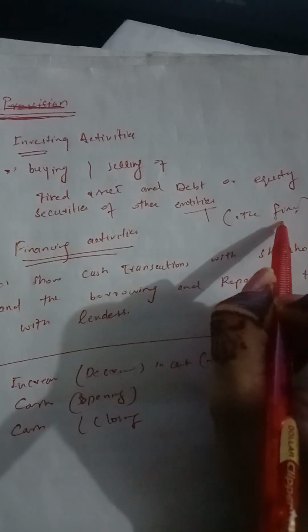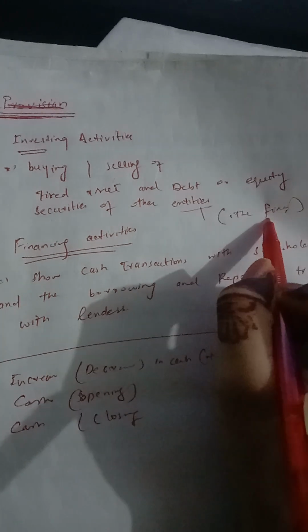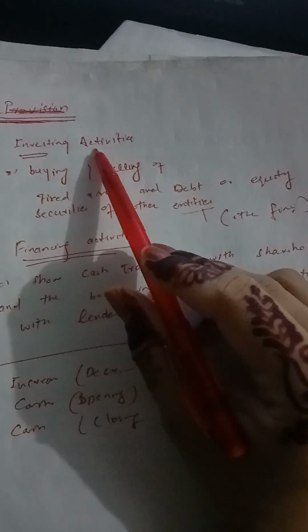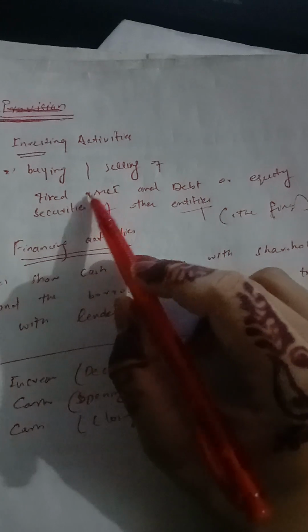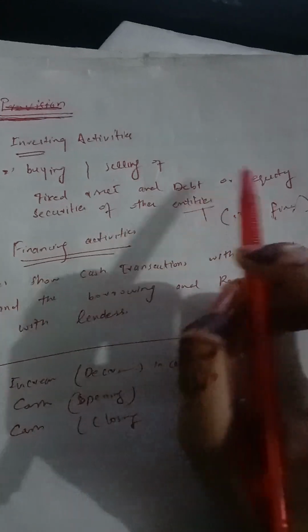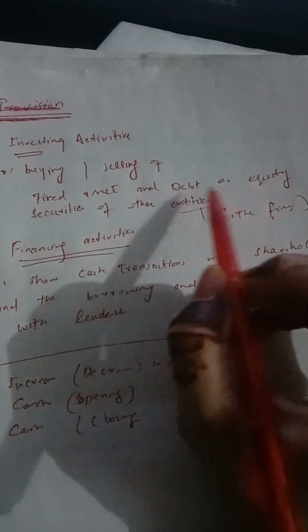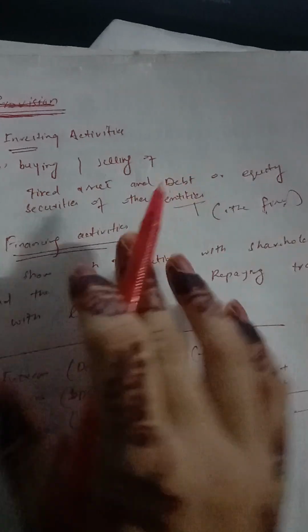These are involved in the investing activities of the firm: purchasing a fixed asset, purchasing equity, meaning shares of other companies, or purchasing debt, meaning bonds of other companies.